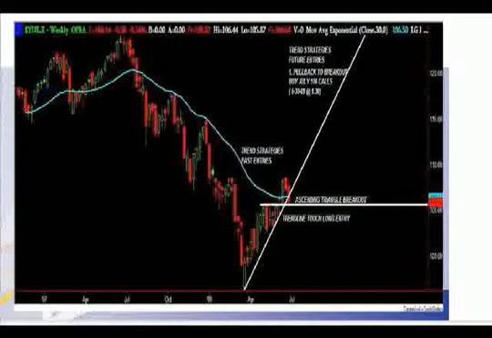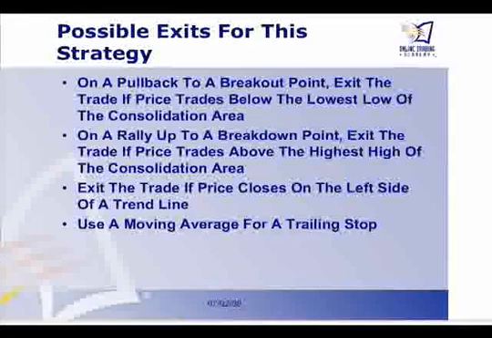So again, the guy who took this risk on this breakout of this ascending triangle, at some point between here and where the retest is, you got to take some profits. Okay, you took the risk, take some profits. Okay, on a pullback to a breakout point, exit the trade if the price trades below the lowest low of the consolidation area.